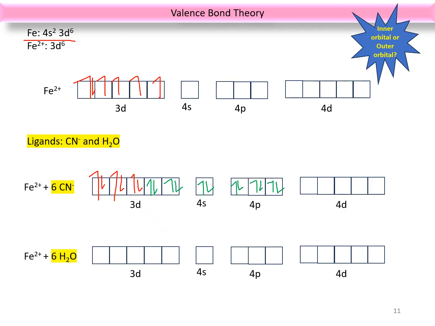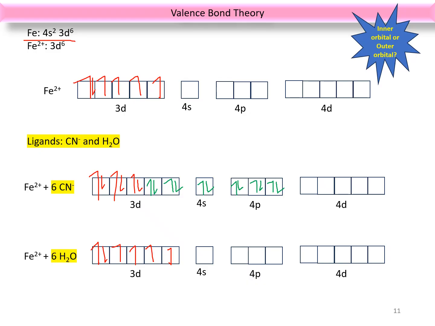Now again, this is the iron 2 plus configuration. The iron 2 plus configuration has 1 paired electron pair and 4 unpaired electrons.